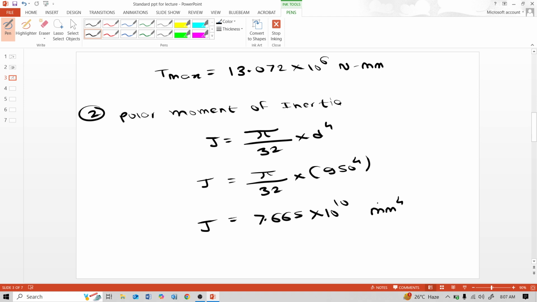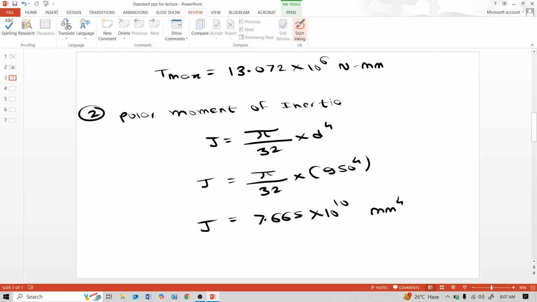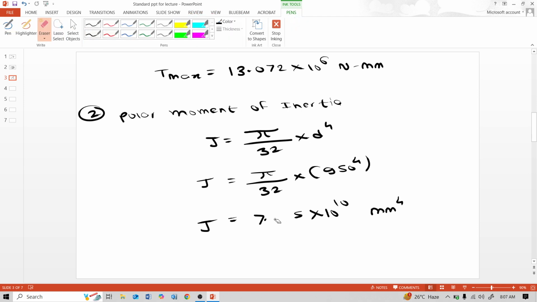Moment of inertia unit is mm raised to 4.